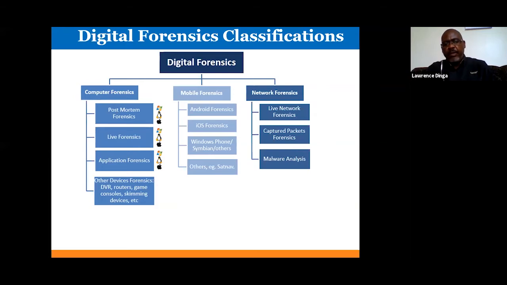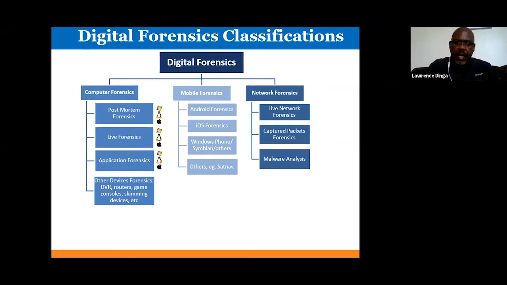In mobile phones, we have Android phones, iOS phones, Windows phones, and many others, even Chinese phones. So how do you investigate? How do you find information out of these? That is where we talk about mobile forensics.